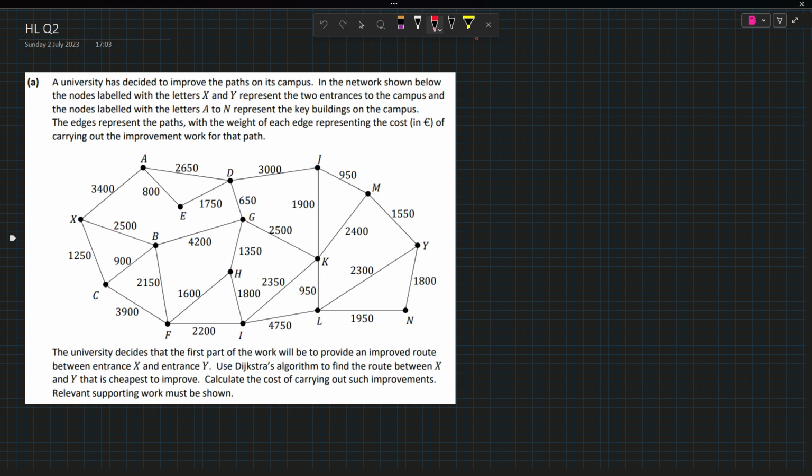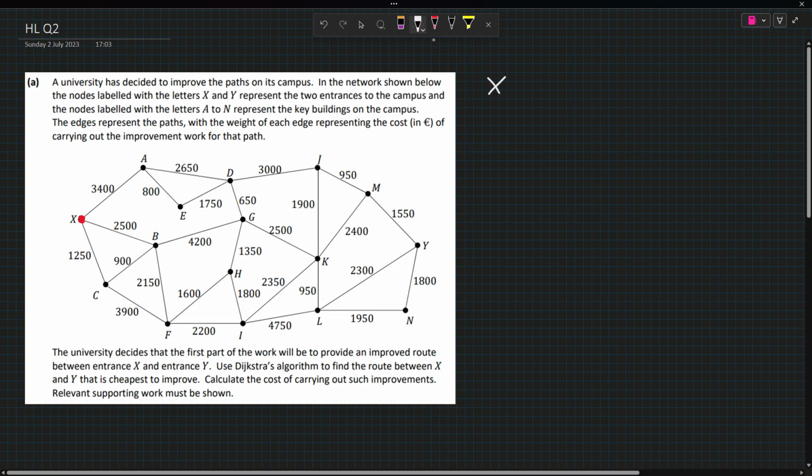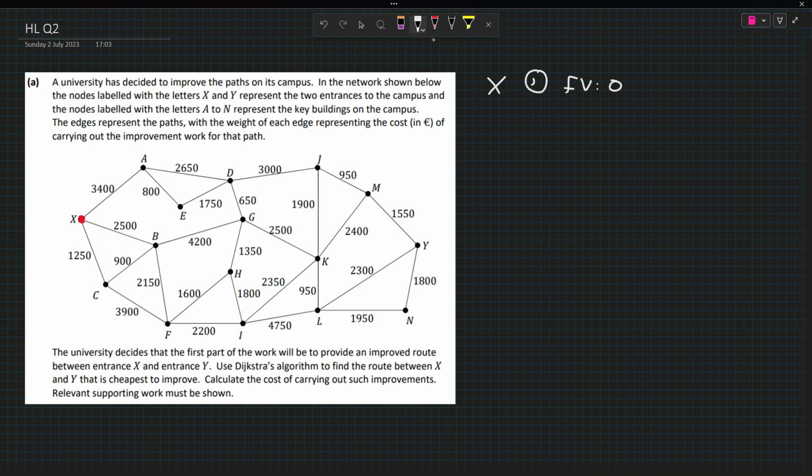So, we're going to start at x, and we have to consider everything going out of x. So, we have to have priority here. So, x is the first one we pick. So, x has priority 1 and final value of 0.